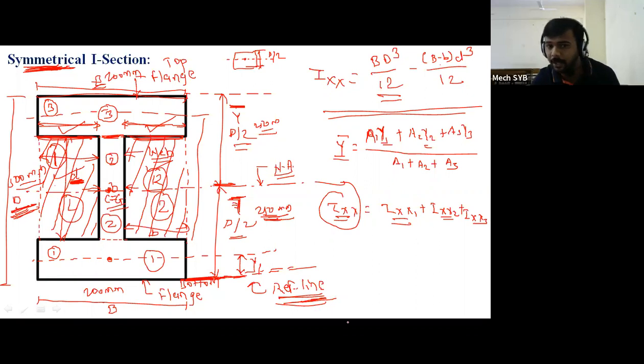And we have to represent all the y1, y2, y3 distances from this reference line. जसा ह्या टोटल सेक्शनचा आपण CG पॉइंट काढला by using the formula capital D divided by 2, तसंच y1, y2, y3 represents the CG distances of section number 1, section number 2 and section number 3 from the reference line.